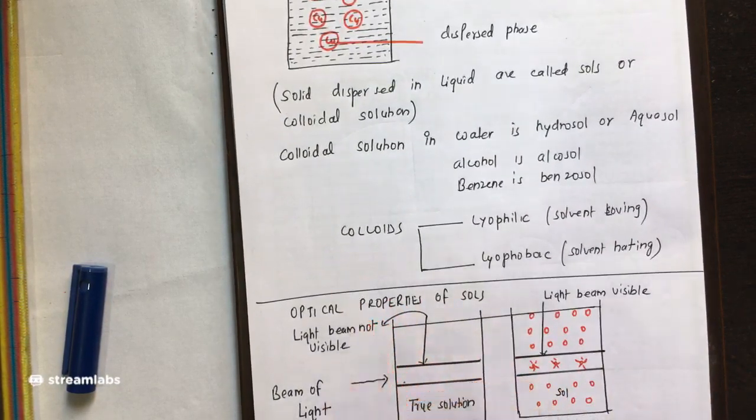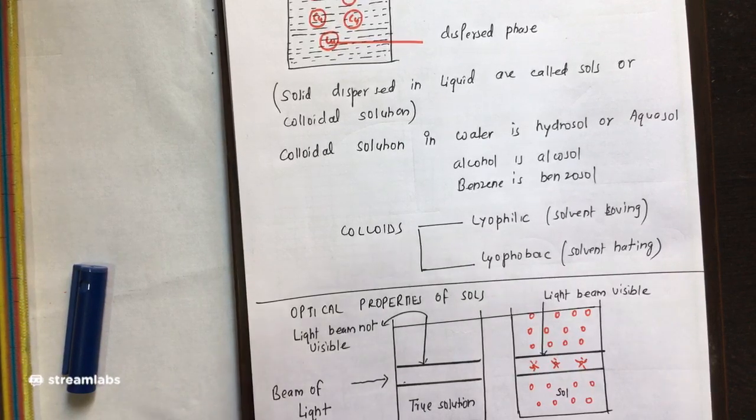So in tabular form you can remember all those things: gas in liquid, gas in solid, liquid in gas, liquid in liquid, liquid in solid, solid in gas, solid in liquid, and solid in solid. Dear students, these are also examination-based questions.